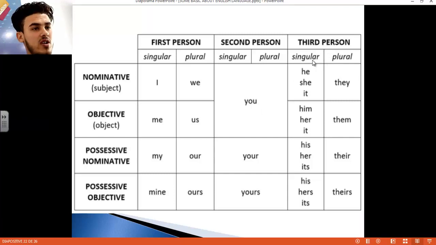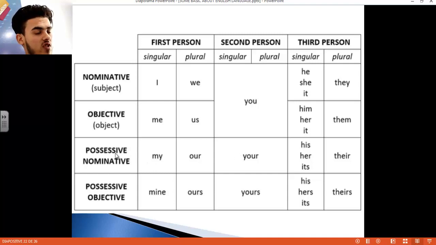In the third person, in the singular form, we use he, she, or it, while in the plural form, we use they. Moving to the objective, when we are talking about an object, not a subject, we use me or us, and you for the second person. Him, her, it, and them are used for the third person, either singular or plural.